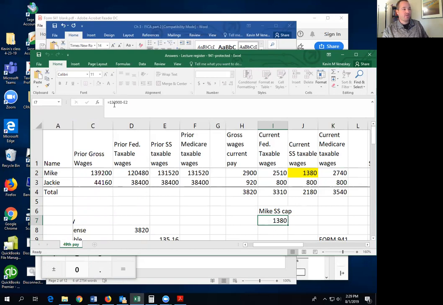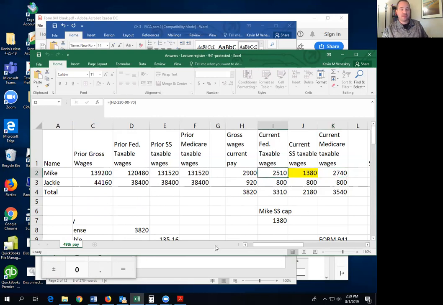You can just show me with an Excel reference like this. 132.9 is what the cap is, minus where I'm at so far for taxable wages for Social Security, this E2. That tells me, when I reference this cell, that 1380 is the amount that's going to be taxed. The full 2740 is taxed for Medicare because there is no cap.